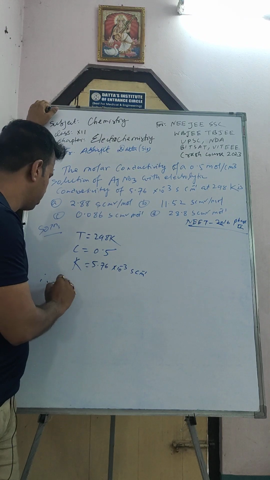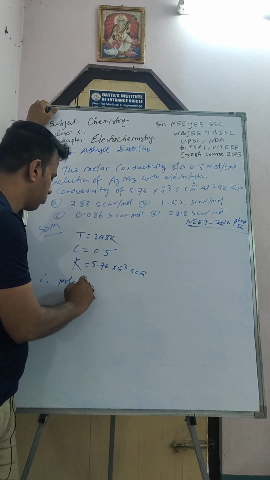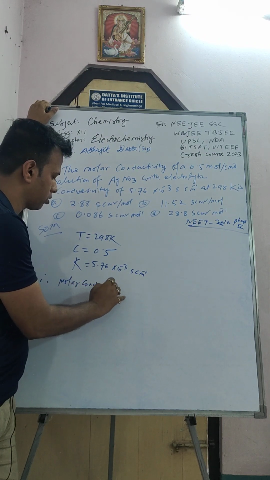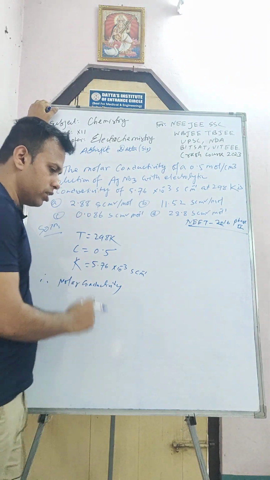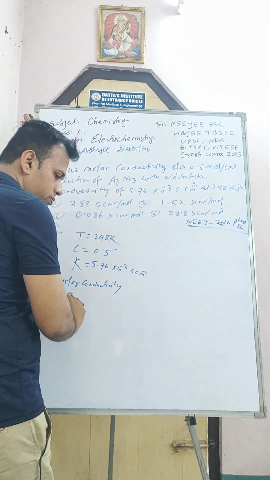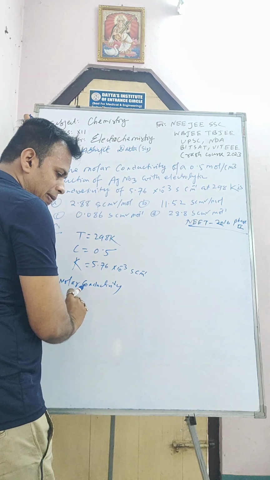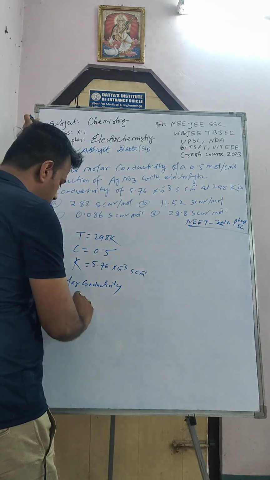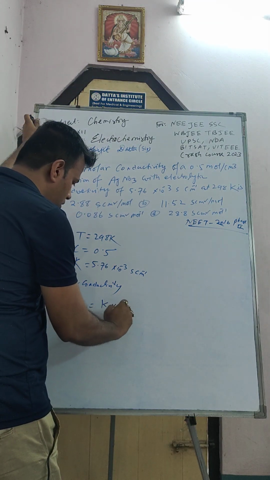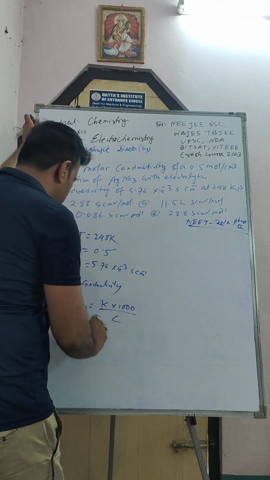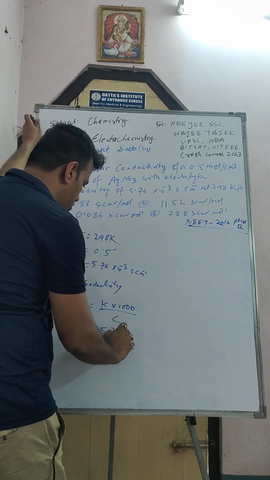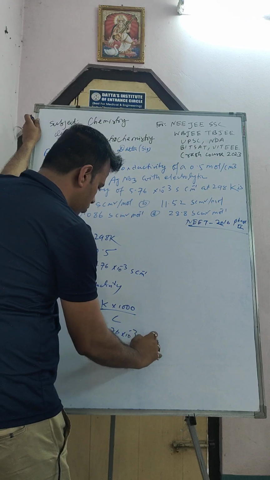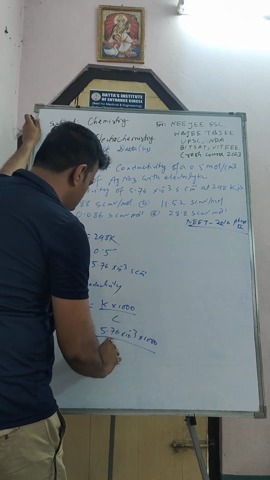So molar conductivity lambda m equal to K into 1000 by C. K is 5.76 into 10 to the power minus 3, into 1000 by C, which is 0.5.